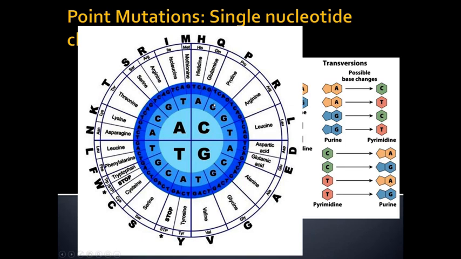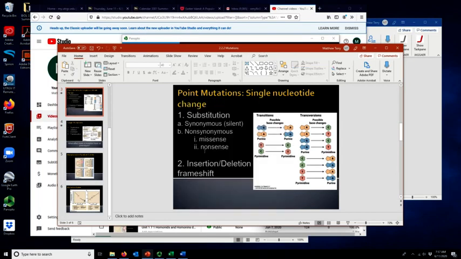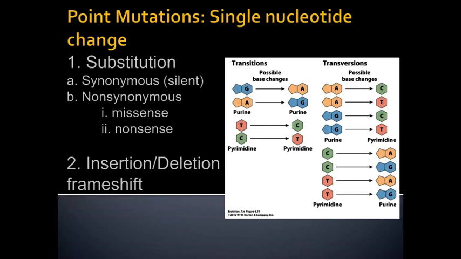But what if instead the mutation had happened at that second position? So we start with CCC, proline, but now we have a CAC, which is a histidine. So now I have a different amino acid at that codon, okay? So we call that a non-synonymous mutation. And they come in two varieties. The one that we just talked about is a missense.